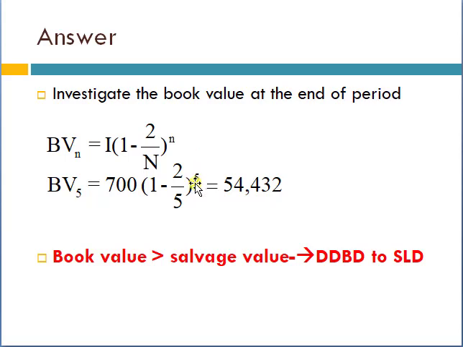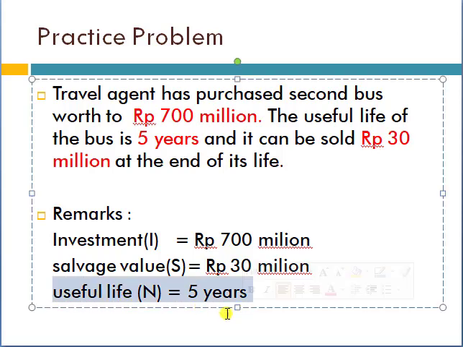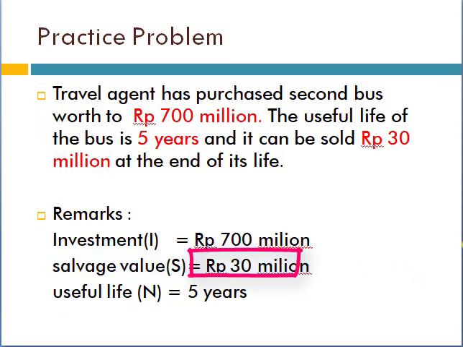So just put the end of the useful life, which is 5 years, and it turns out to be 7.776 million. Since the book value is greater than the salvage value, the expected salvage value is 30 million.